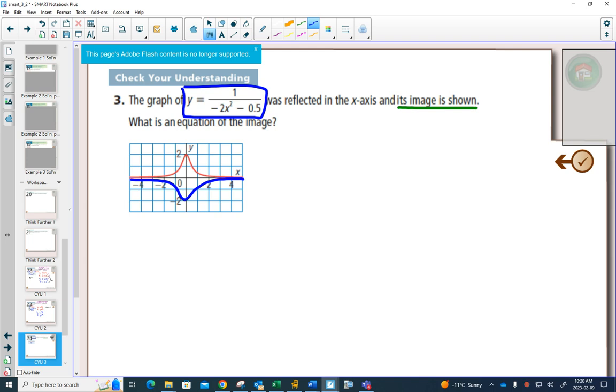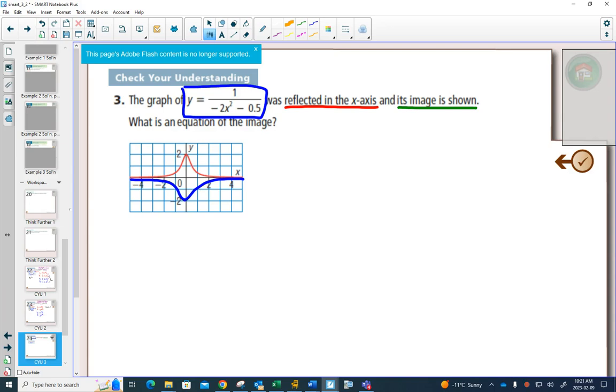Now, we need to come up with the equation of the red graph. So reflected in the x-axis, this is where having that ability to switch things back and forth matters. Reflected in the x-axis, that is a vertical reflection.